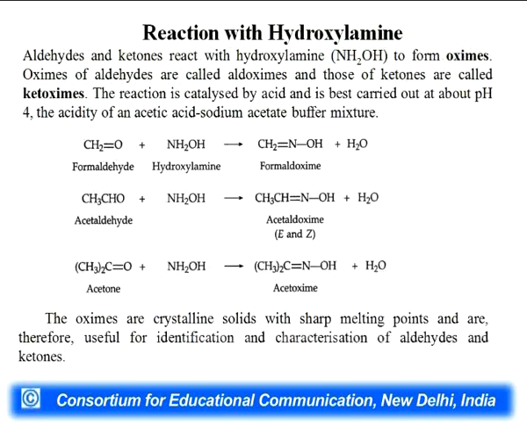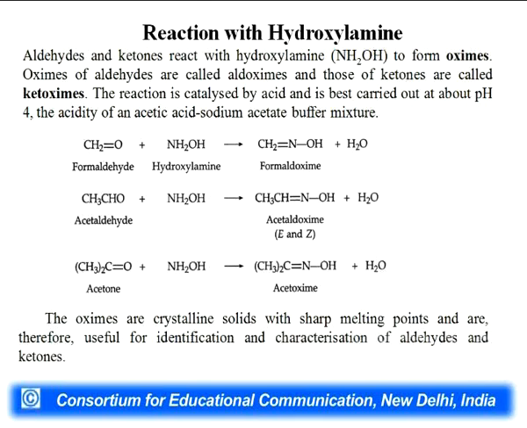Reaction with hydroxylamine. Aldehydes and ketones react with hydroxylamine, that is NH2OH, to form oximes, a very important reaction, and oximes of aldehydes are called aldoximes, while those of ketones are called ketoximes. The reaction is catalyzed by acid and is best carried out at about pH 4, the acidity of an acetic acid and sodium acetate buffer mixture.